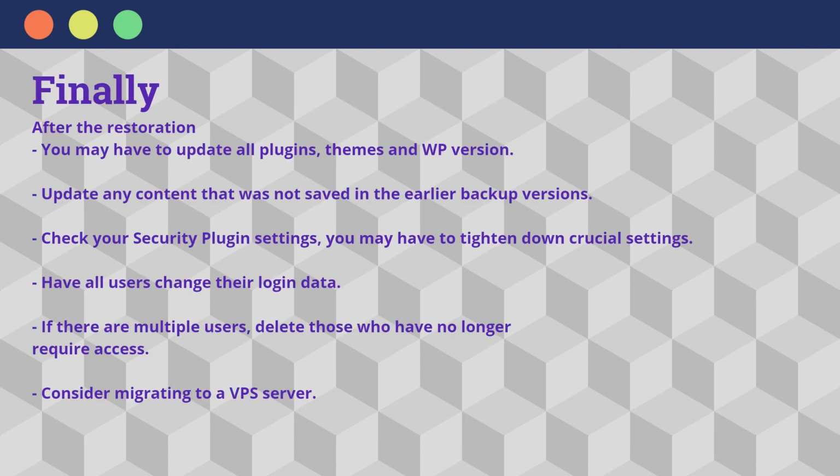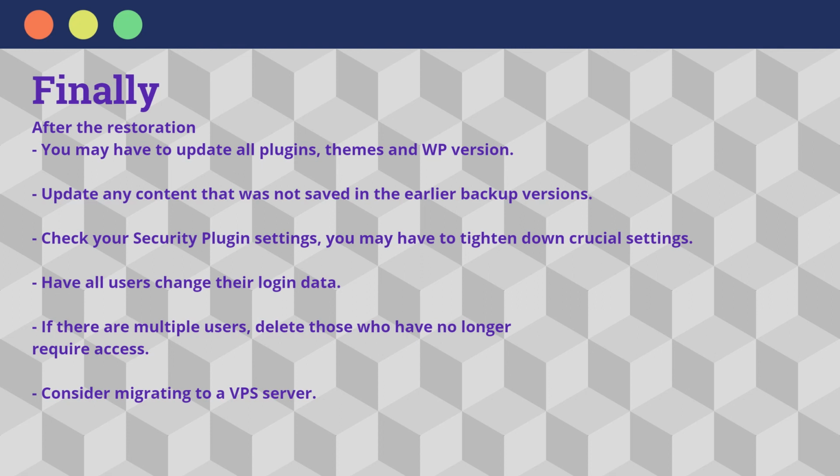Once your website is back up to speed, you'll probably have to update all the plugins, themes, and even the WordPress version to current standards. And whatever content was not saved in the earlier backup, you need to edit to bring it up to current standards.